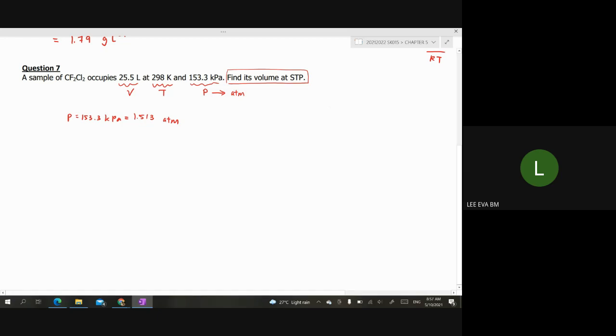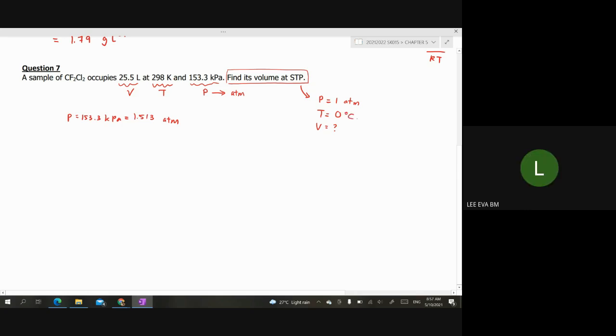STP. What does STP stand for? What is the pressure at STP? Temperature? What is the pressure? 1 atm. The temperature? 0 degrees Celsius. The others also write STP.